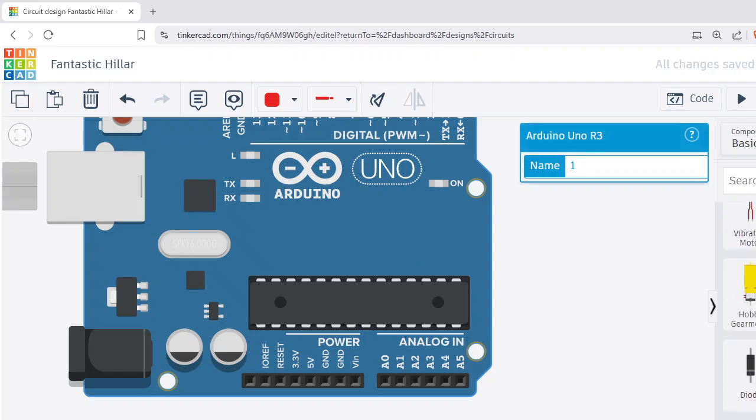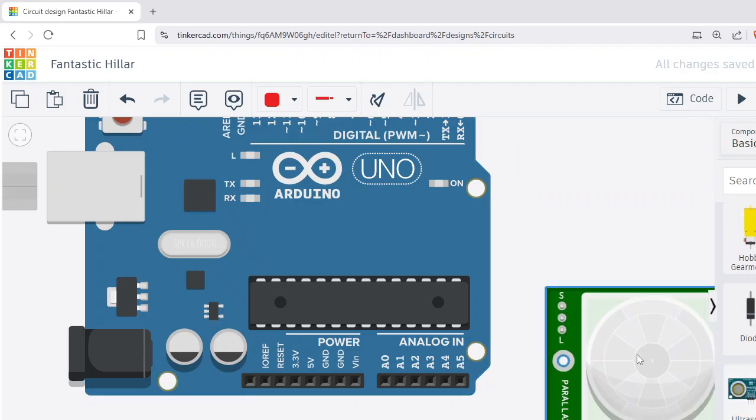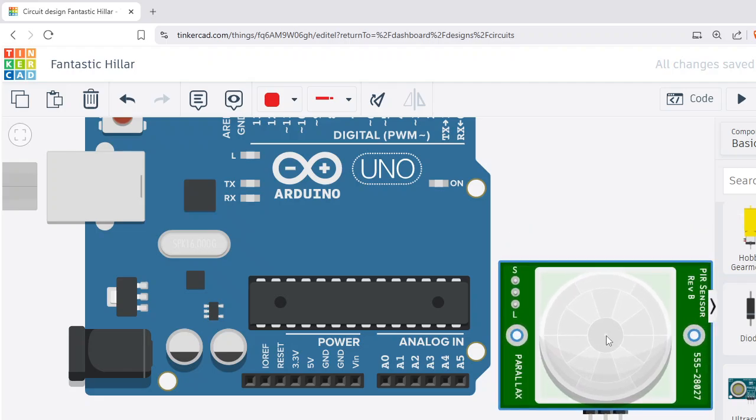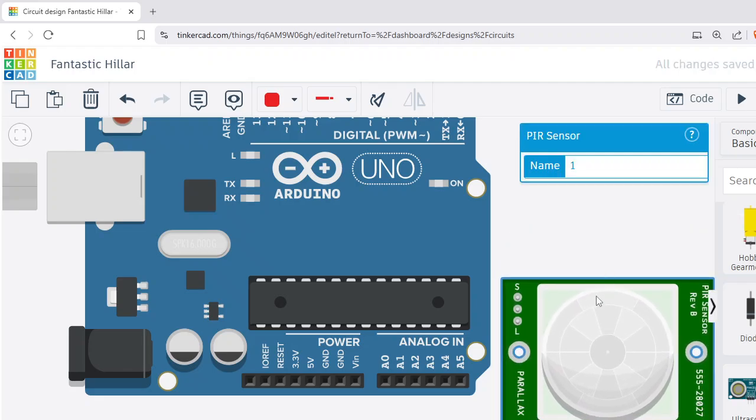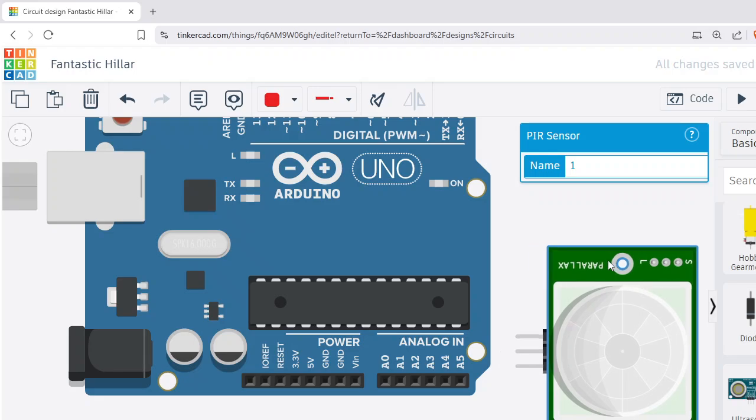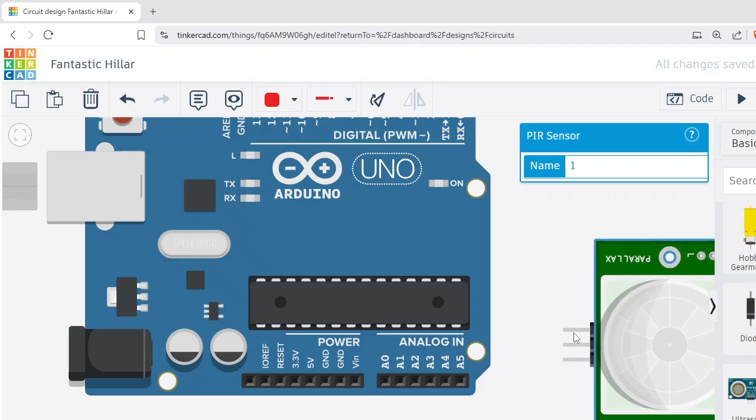For example, if I have a PIR sensor. This is basically a sensor which senses whether there is something around or not, whether there is a movement around or not. You can see this particular sensor has 3 pins.